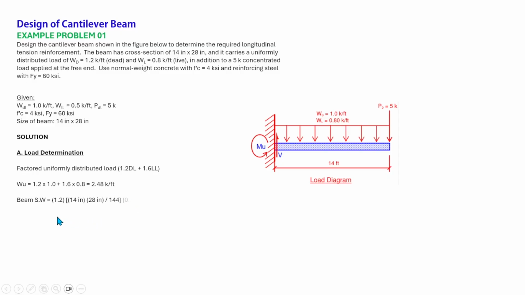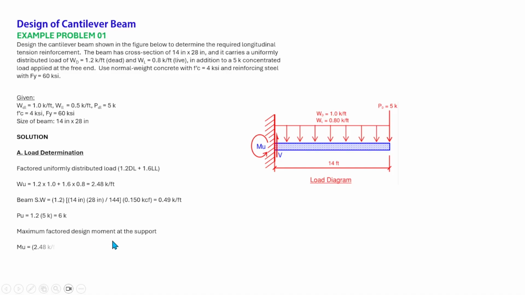We also need to consider the self-weight of the beam, which is 1.2 times 14 inches times 28 inches divided by 144 times 0.15 kcf, and that is equal to 0.49 kip per foot. We also have the concentrated load, 1.2 times 5 kip, which is equal to 6 kip.